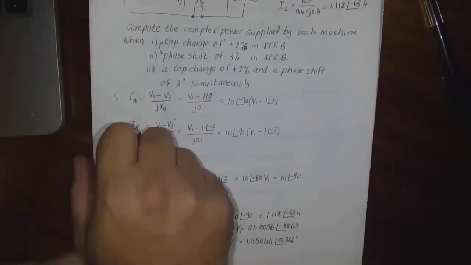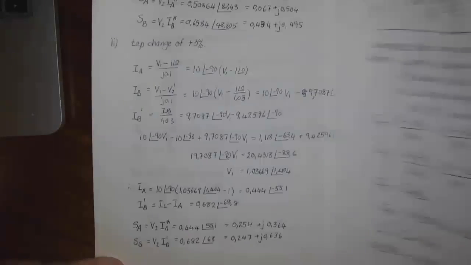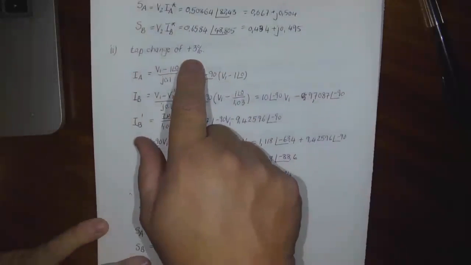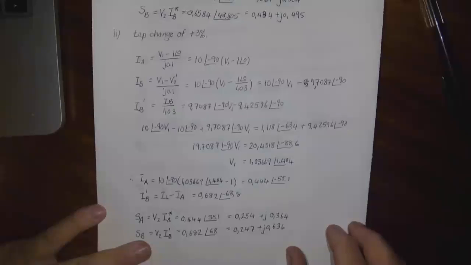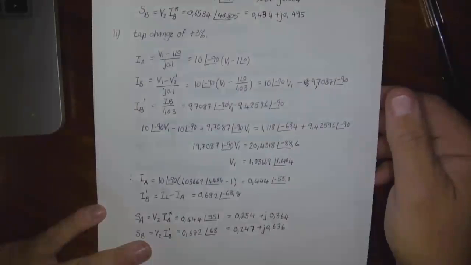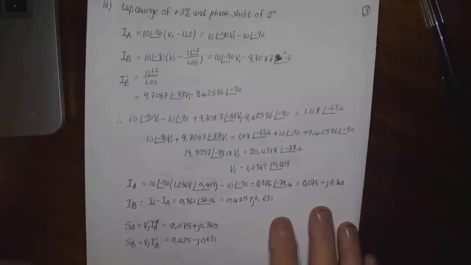Okay, and then the second page is where I calculated for a tap change of 3%. Go down a bit. Right, and then the third one is the tap change.